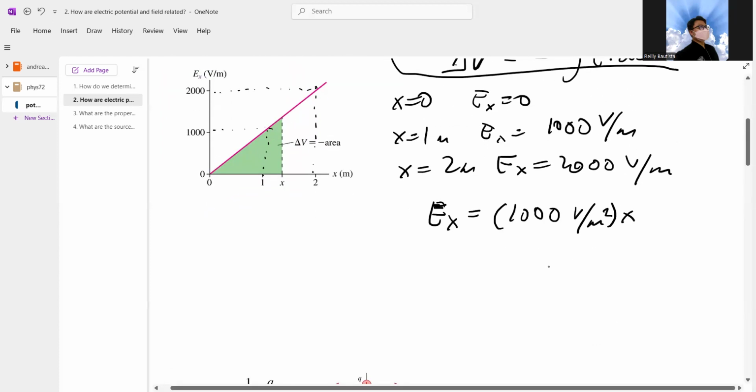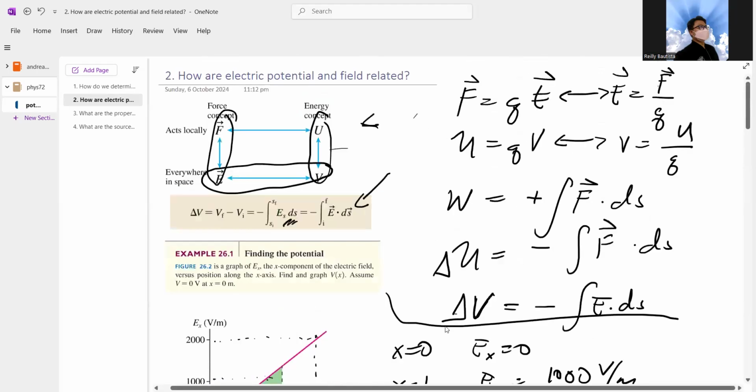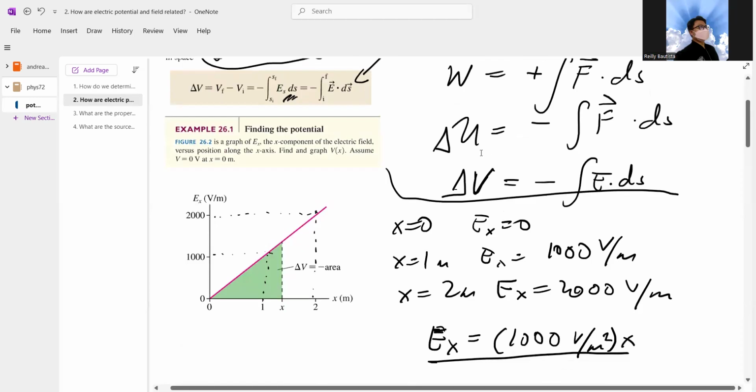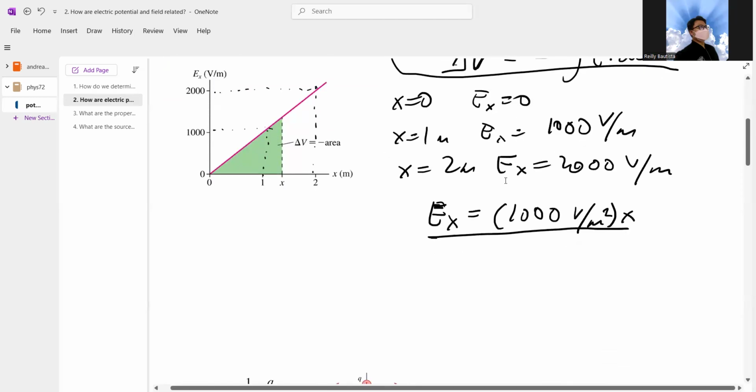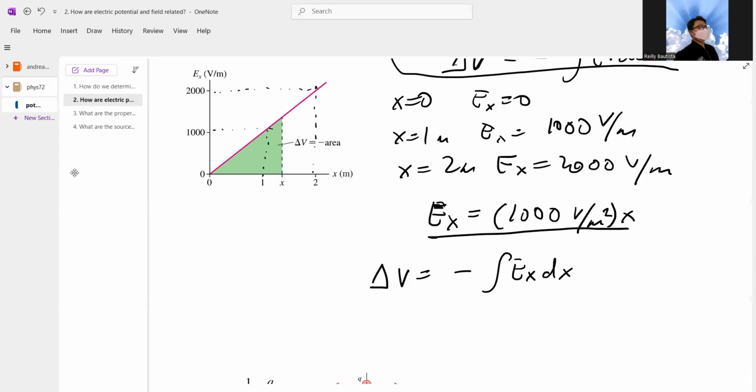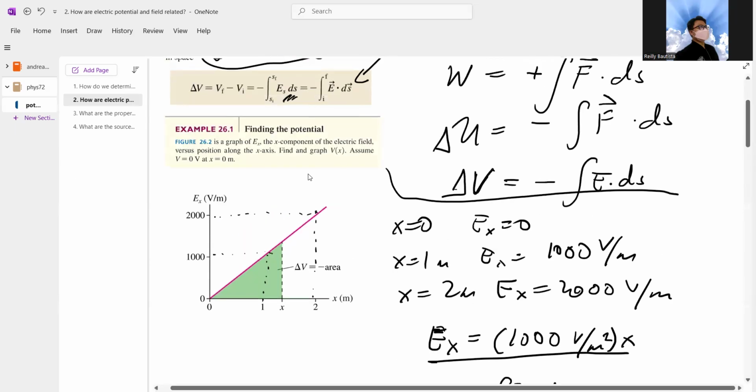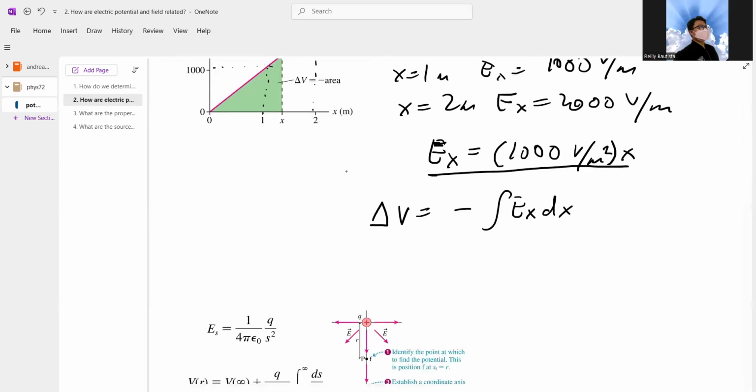So this is the formula we have, and then we're going to apply it. Delta V is equal to negative integral of Ex dx, from 0 to x.